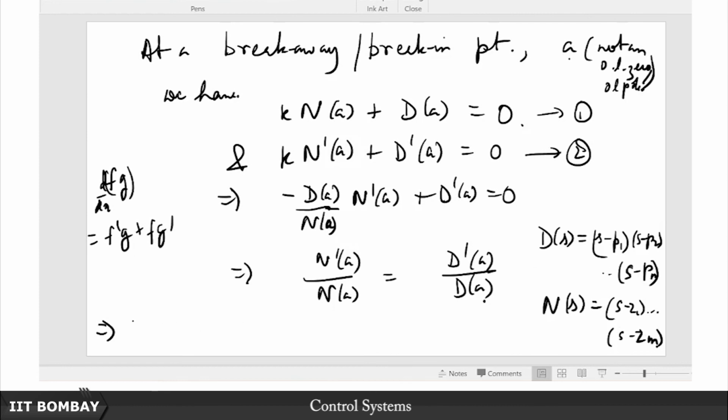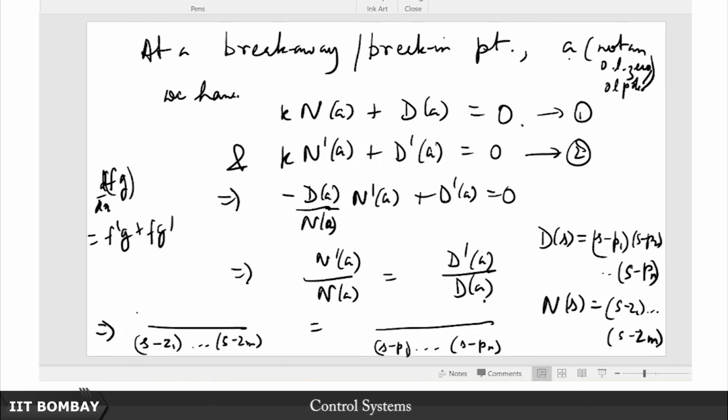So this is going to be nothing but, you see, in every term in the numerator, one term is short, but in the denominator side, that is D(s), you will have all these terms. So this is always s minus z1 dot dot dot till s minus zm is equal to, this is s minus p1 dot dot dot till s minus pn, and in the numerator you have, first term you drop s minus z1, so it's s minus z2 dot dot dot till s minus zm.